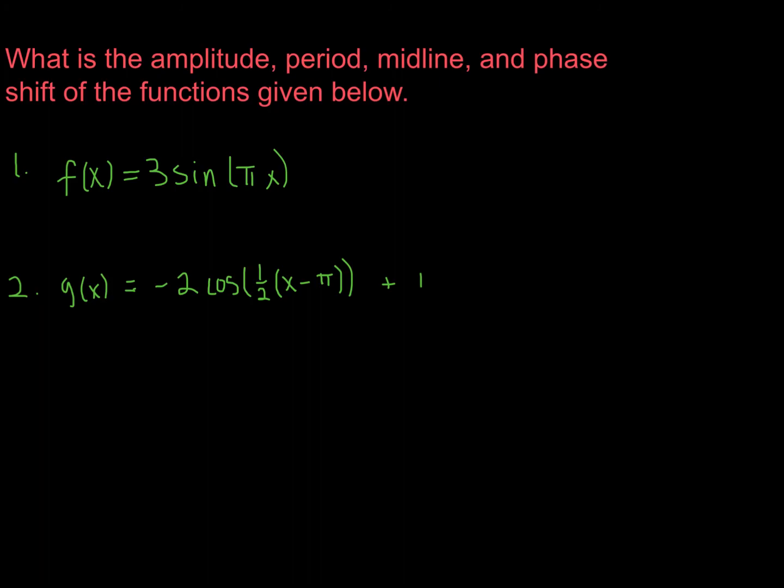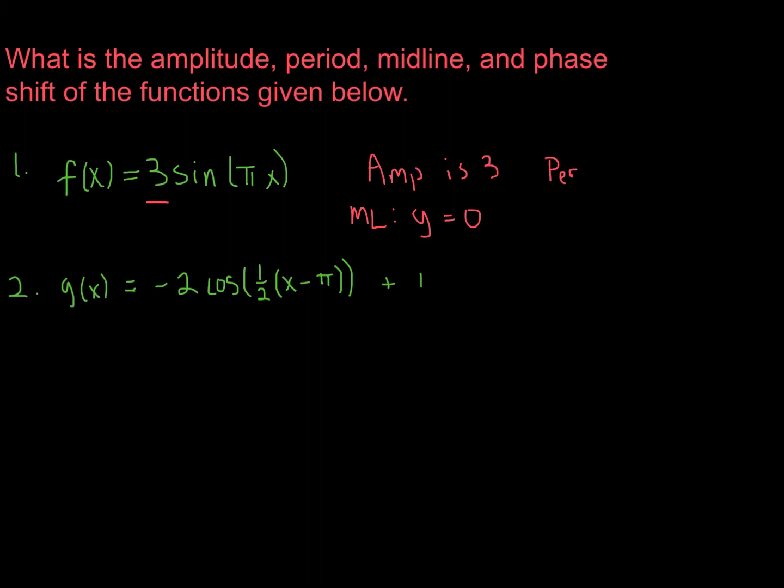Let's discuss one briefly. So here the amplitude is the absolute value of A, so the amplitude is 3. The midline is the line y equals k, so the midline is y equals 0. The period is 2 pi divided by the b value.